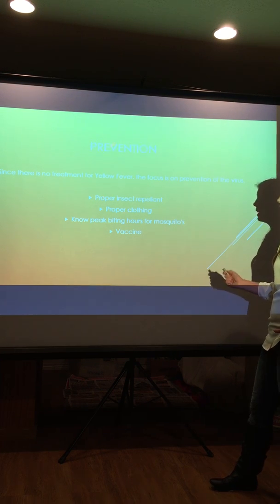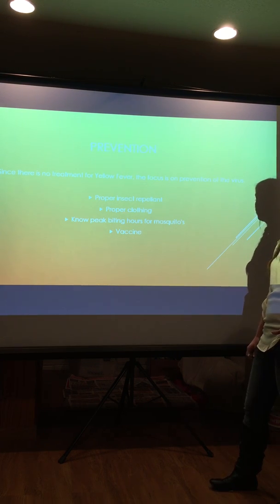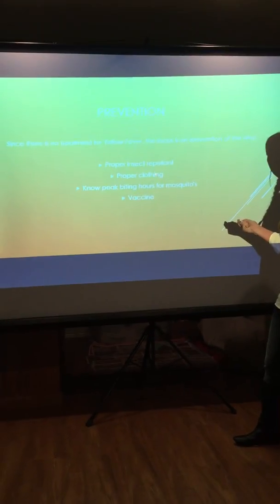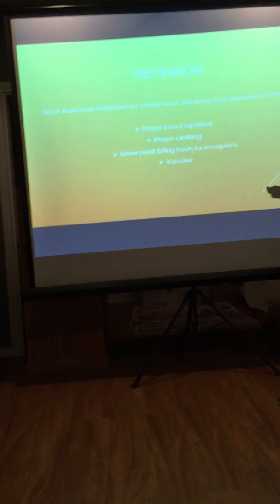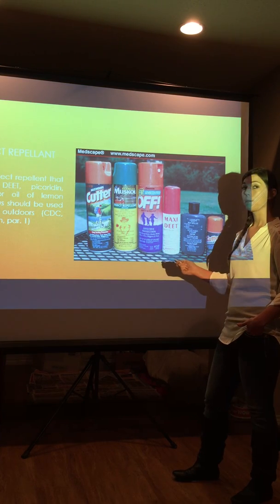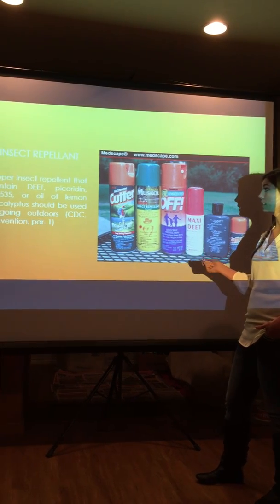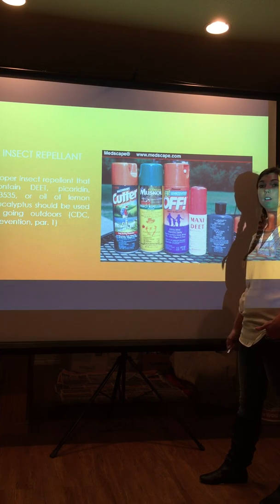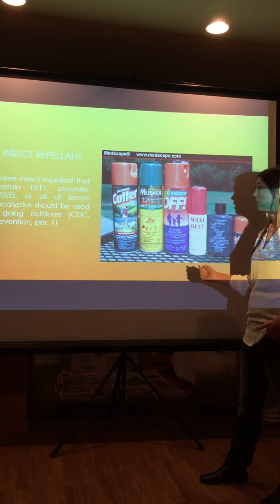Other ways to prevent yellow fever, since there is no treatment, are proper insect repellent, proper clothing, knowing peak biting hours, and getting the vaccine. Proper insect repellent contains DEET, Picaridin, IR3535, or oil of lemon eucalyptus.